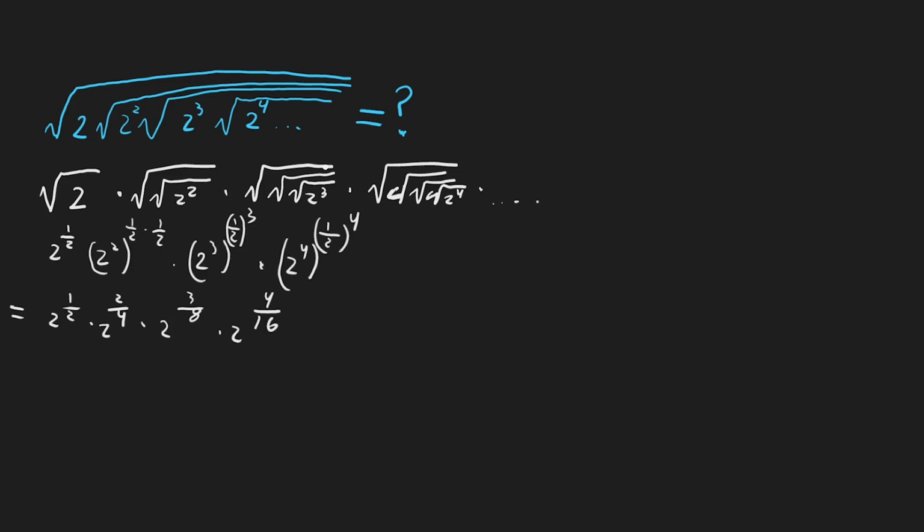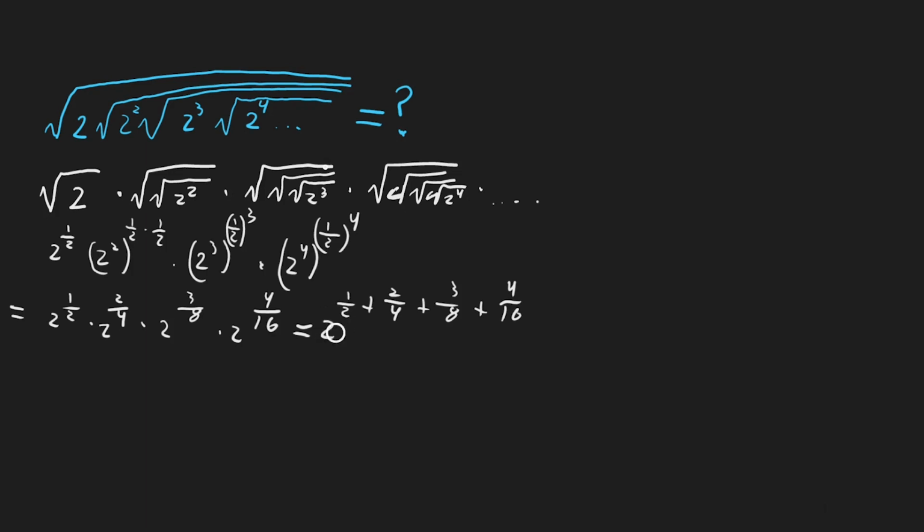And I know many of you will probably think, well, these fractions we could rewrite in another way, and we could, but there's actually a point in keeping them this way, and I'll show you now. This is the same as writing 2 to the power of a half plus 2/4 plus 3/8 plus 4/16.